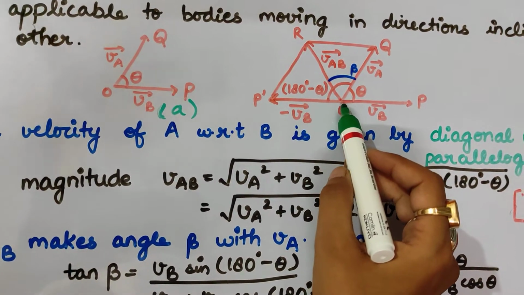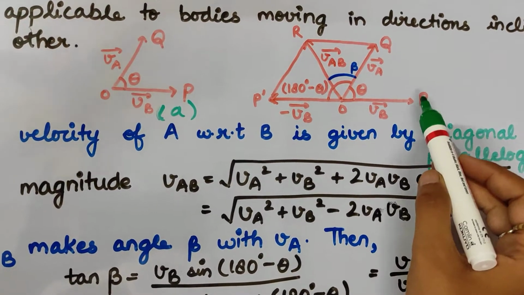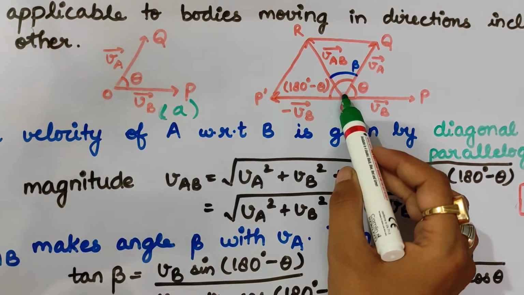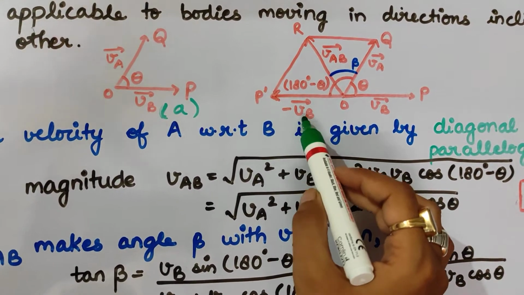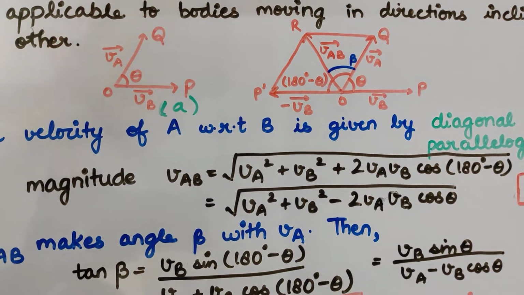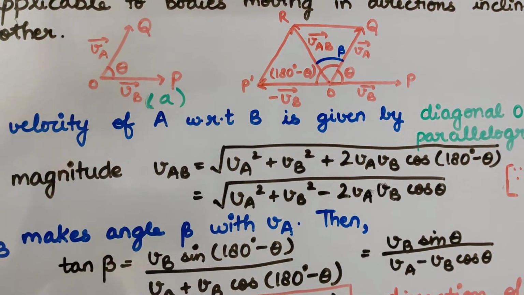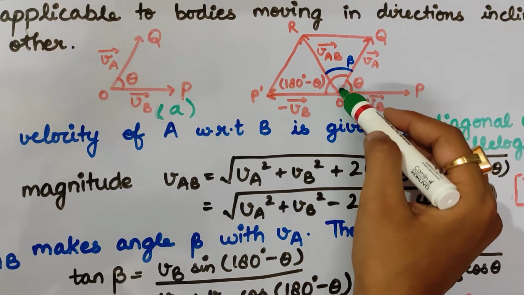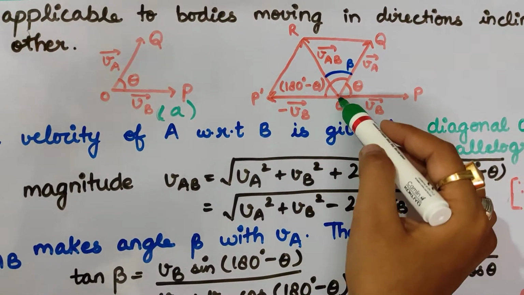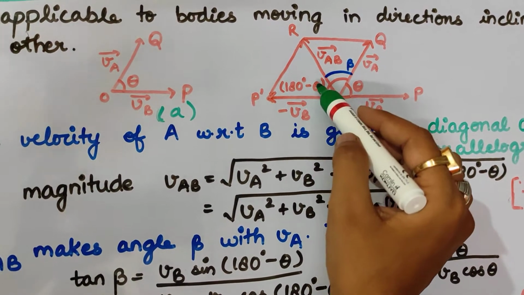We will draw OP dash. VB was equal to OP. Now we will draw OP dash, which will be equal to minus VB. Now we add VA and minus VB, which makes an angle 180 degree minus theta.